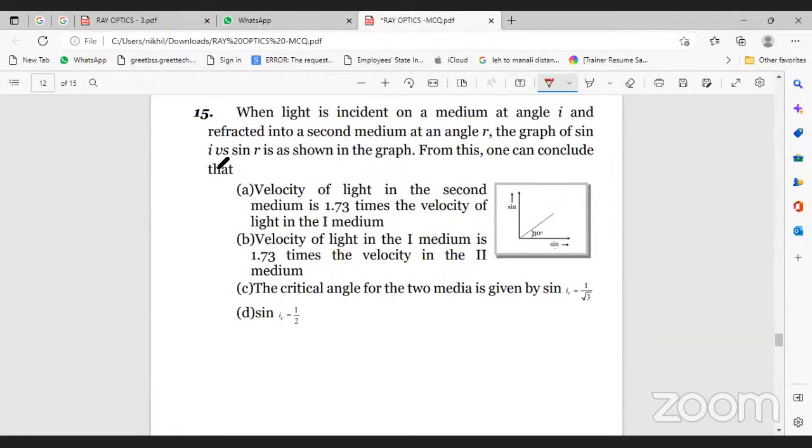Look at this problem. When light is incident on a medium at an angle I, it is refracted in the second medium at an angle R. Sin I versus sin R. So here it is sin I. This is sin R. Sin I is taken along the y axis, sin R is taken along... They have not mentioned in the figure, right?